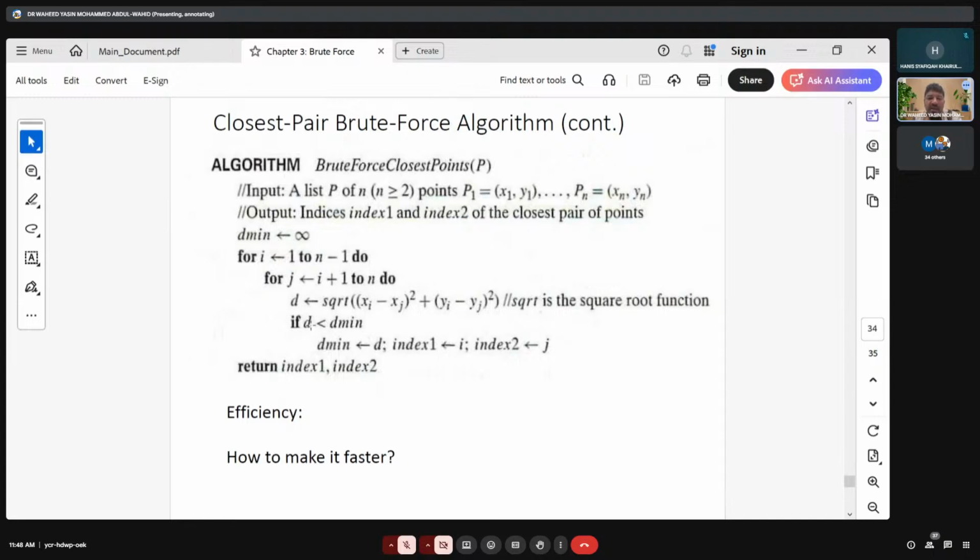The points with the smallest d will give me the minimum value. Then I return index 1 and index 2, meaning the two points, point 1 and point 2 according to the index. Index 1 and index 2 mean these points are the closest pair.